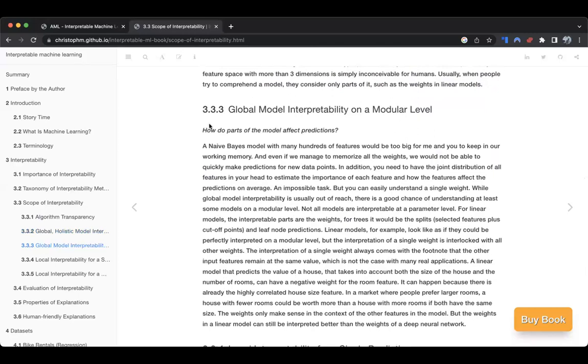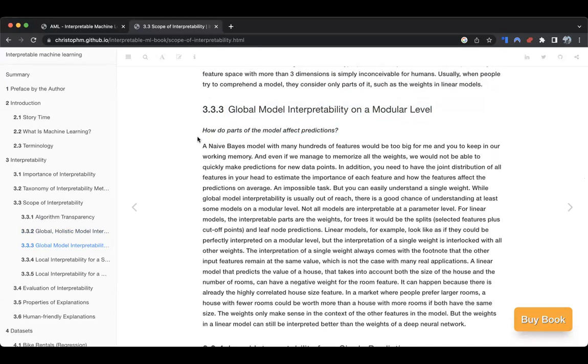The third scope is a bit more interesting: global model interpretability on a modular level. It only asks how parts of the model affect the predictions. In terms of linear regression, it's pretty simple. If your coefficient for an input is very high, that feature is extremely important for making the predictions.